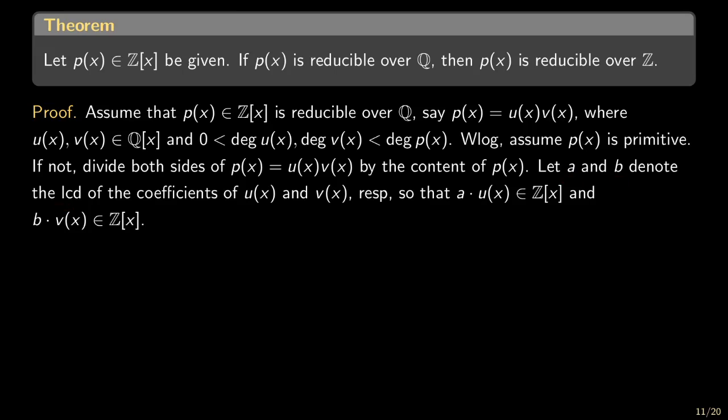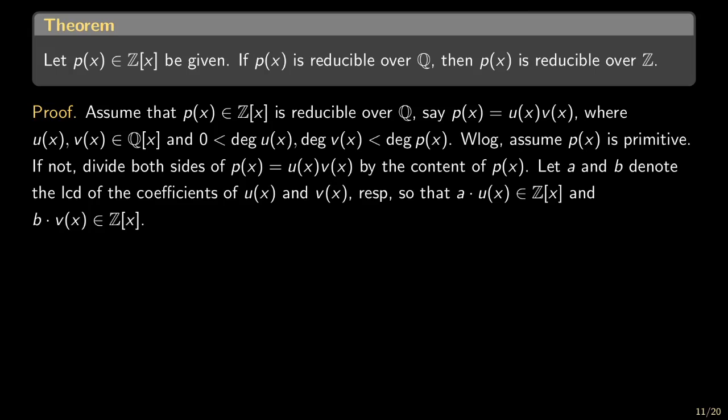By the way, u of x and v of x are rational polynomials. It's possible that the coefficients are rational numbers with numerators and denominators, right? You look at the denominators and take the least common multiple of the denominators. Let the LCD of the denominators of u of x be a, and the LCD of the denominators of v of x be b.